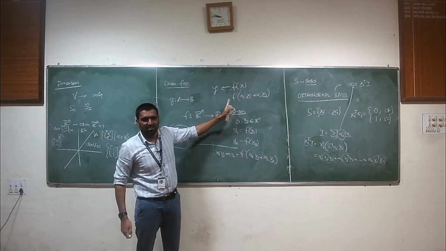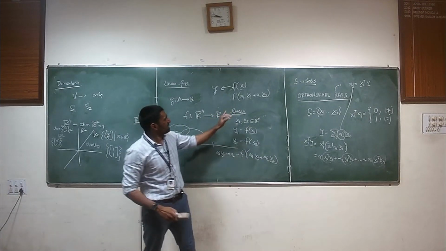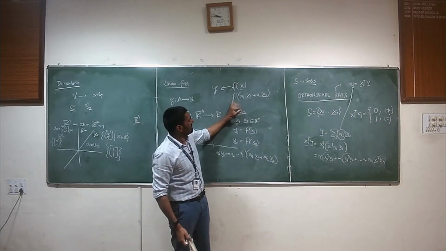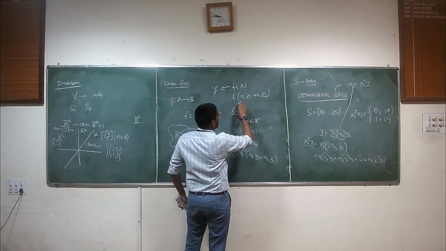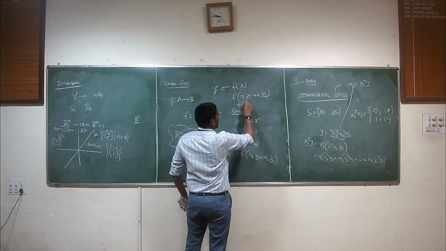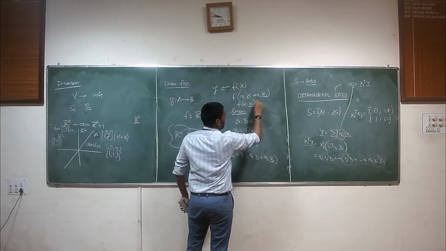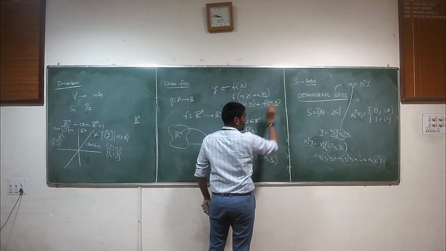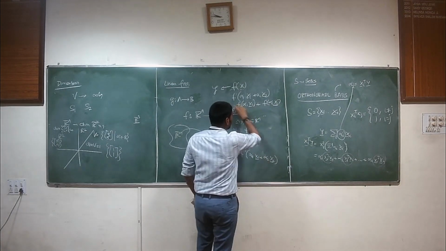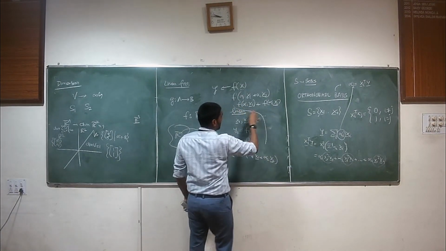If f is linear, it simply tells you that you can move this f to the inside. That simply means I can write this as alpha 1 times x1 plus alpha 2 times x2, and I can simplify it even further. In fact, I can bring the alpha out.